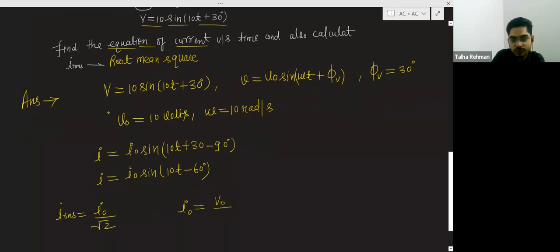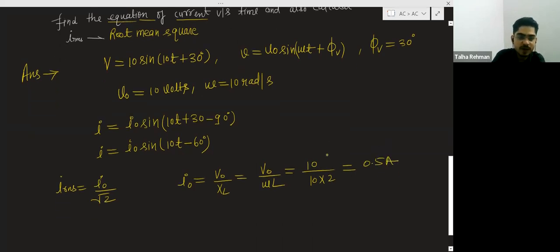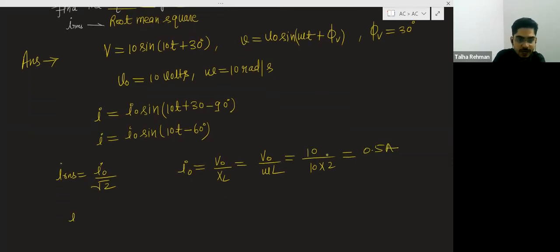I naught is equal to V naught by XL, and XL is equal to omega L. So V naught by omega L. V naught is 10, omega is again 10, L is 2. So this will become 0.5 ampere. I naught is 0.5 ampere. So basically I RMS is equal to 0.5 by root 2 ampere.